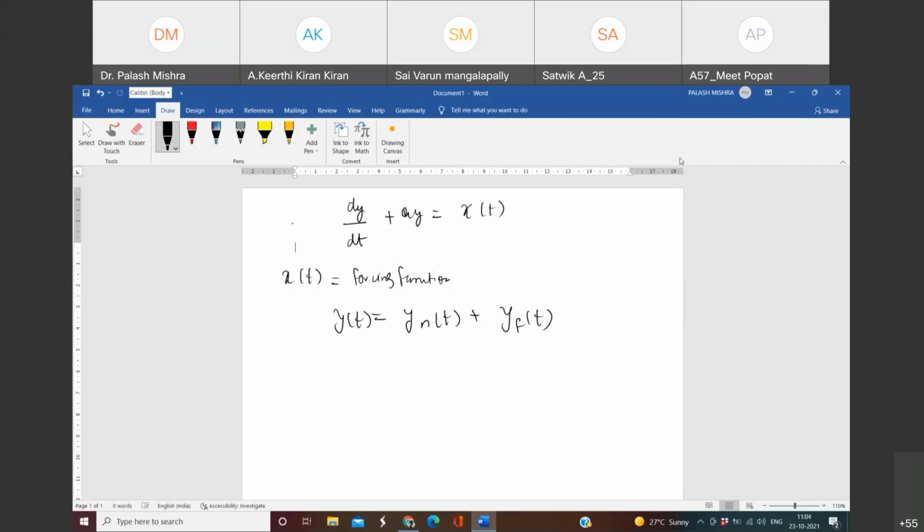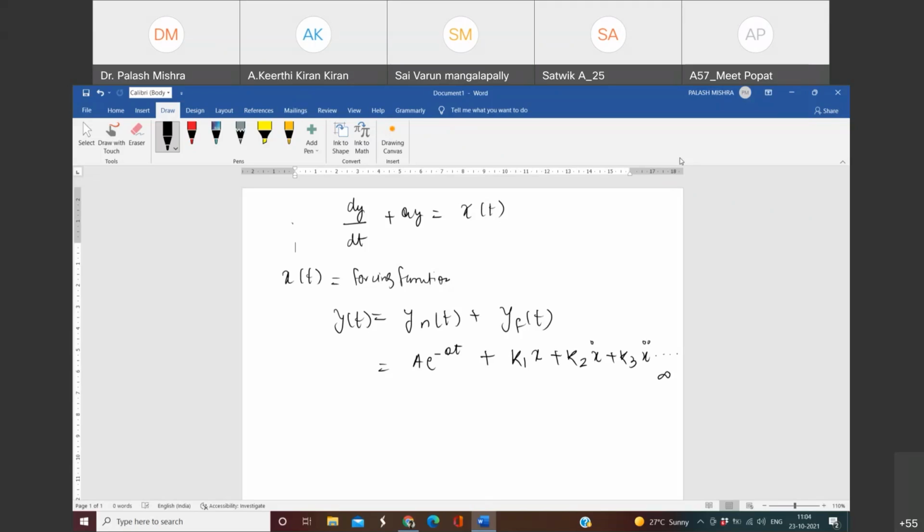The natural response of t will be of the form A e to the power of minus at, and the forced response will be k1 times x plus k2 times x dot plus k3 times x double dot, and it will go up to infinity.